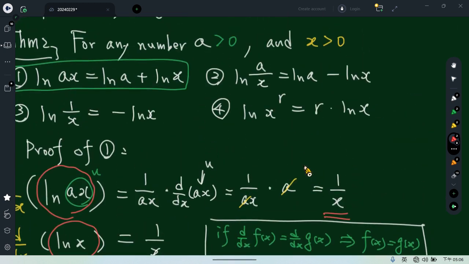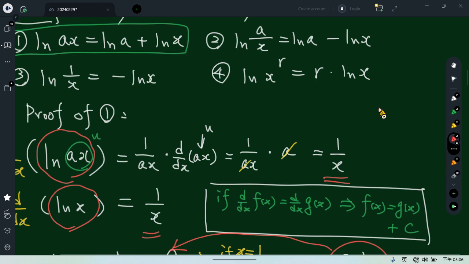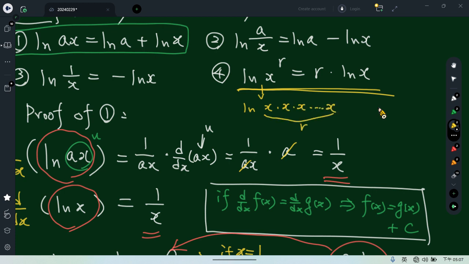For the rest, you can also just regard this one. I can quickly give you a proof about this. You can regard this as ln of x times x times x and so on till x, and in total I have r x's here.